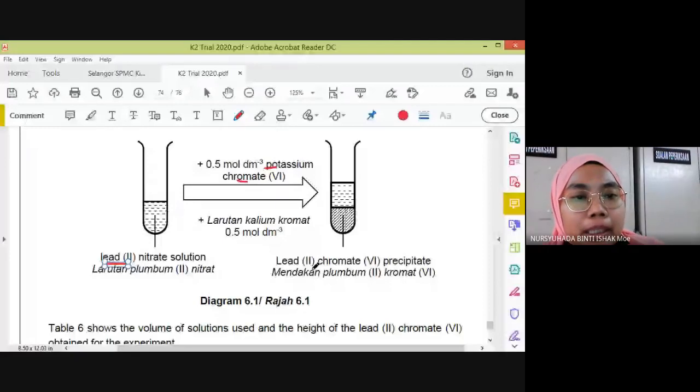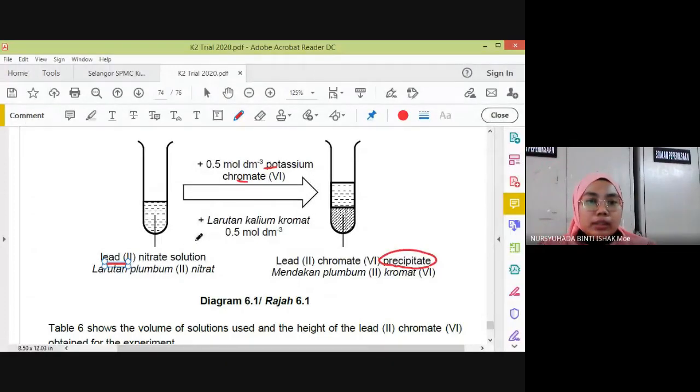Apa nama method ni? Soluble salt react with soluble salt. Apakah nama reaction ini? Lead nitrate dengan potassium chromate.